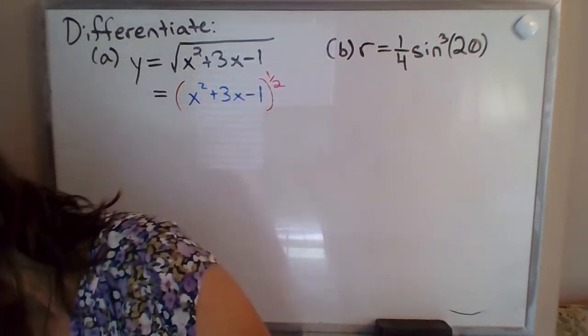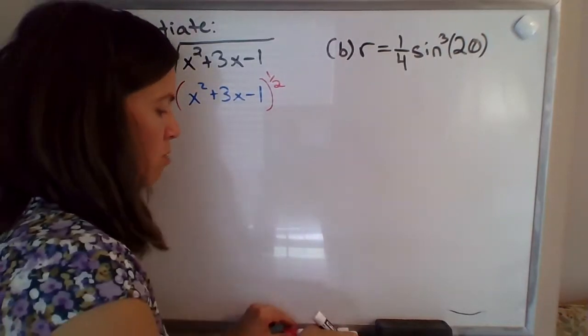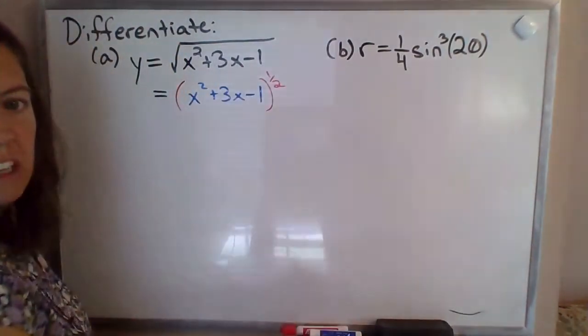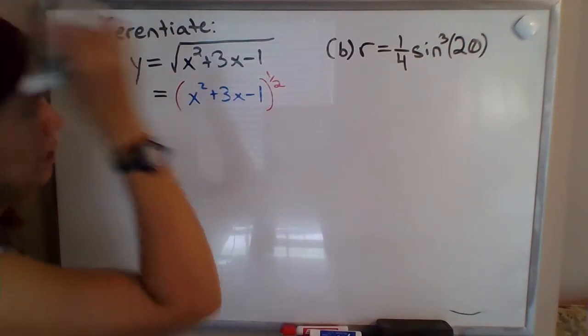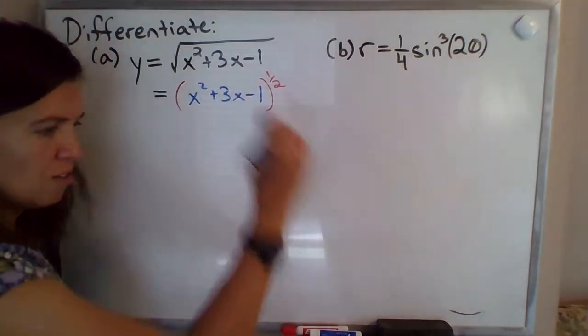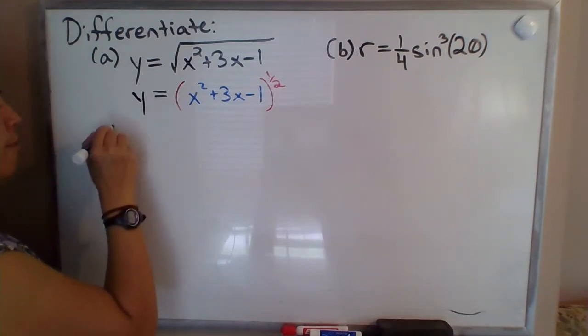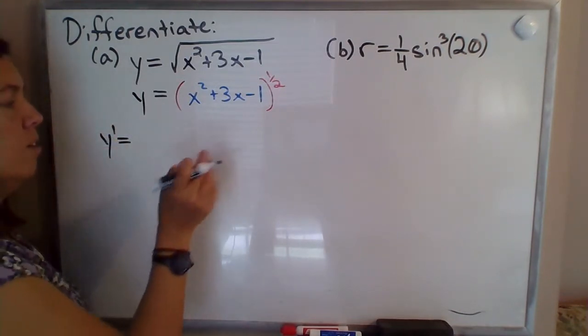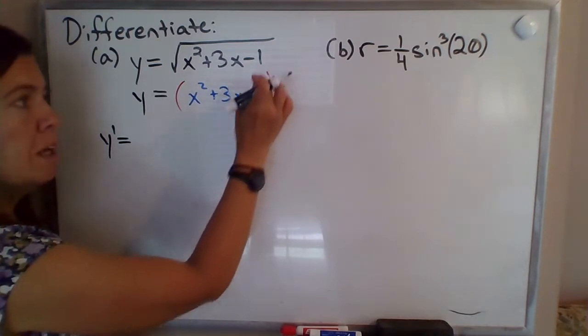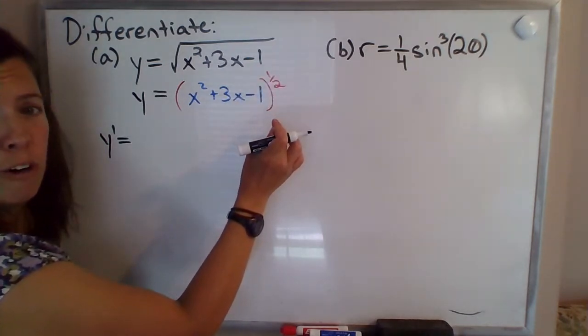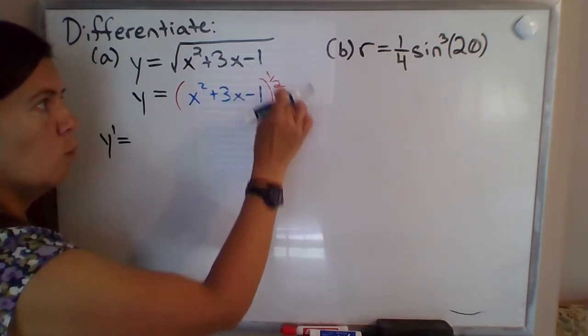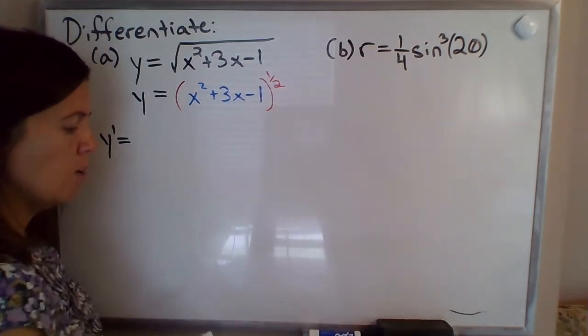When we differentiate using the chain rule, think of it like peeling the layers of an onion. To take the derivative of function A, we peel off the outside first, taking the derivative of the outer layer first. So we're peeling away that 1/2 power.